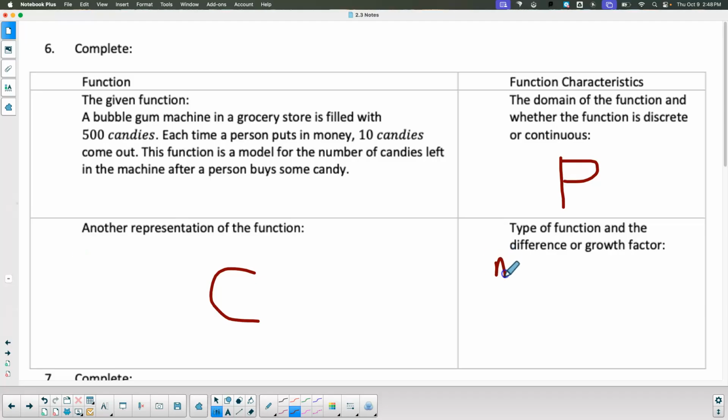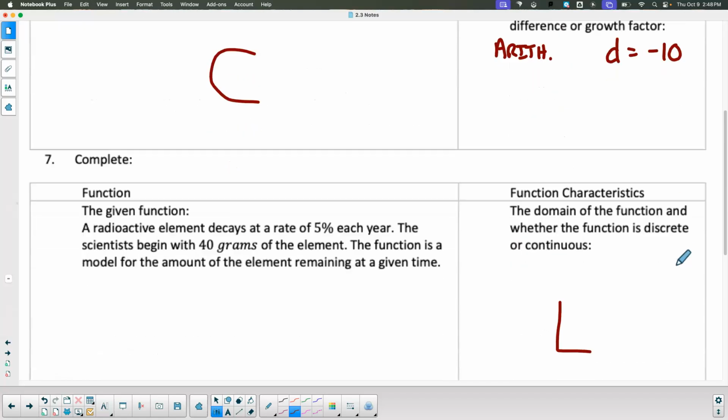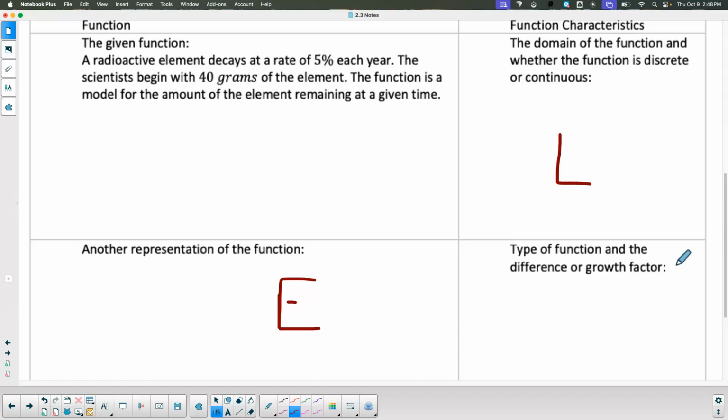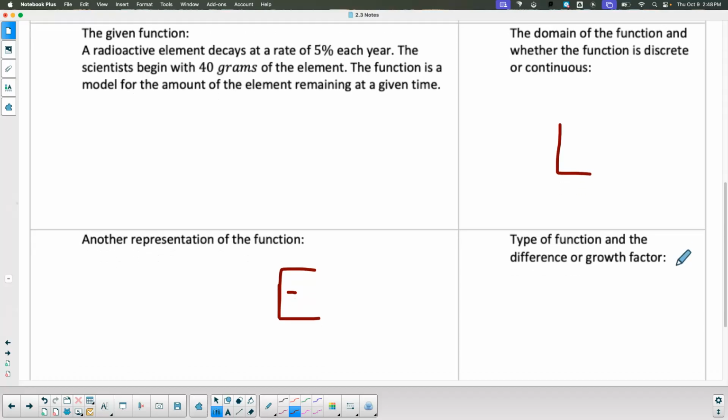It's arithmetic, and the common difference is -10. For number 7, I got L and E. This one would be exponential, and its R value would be 0.95.